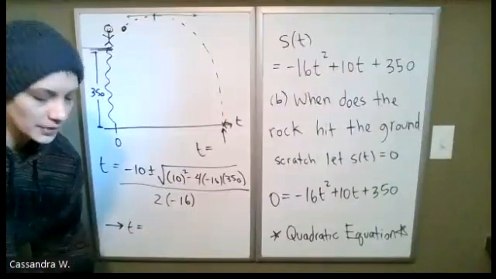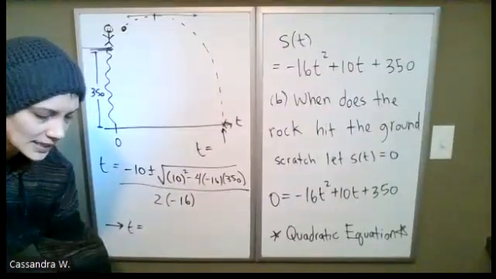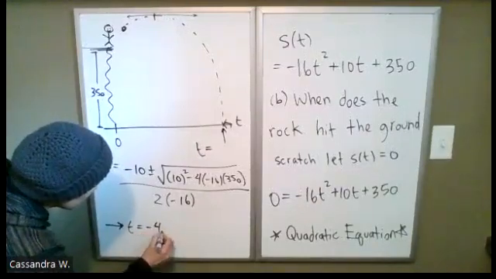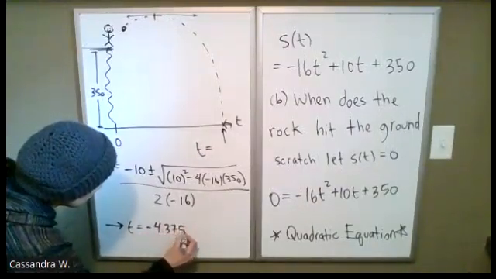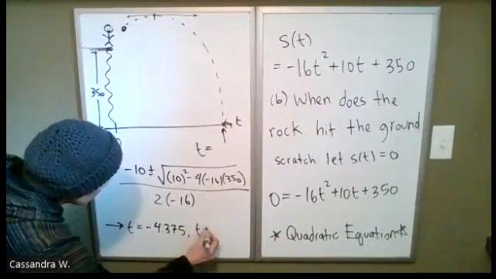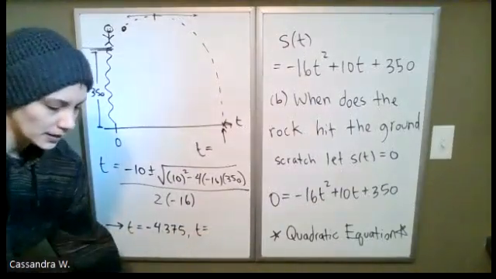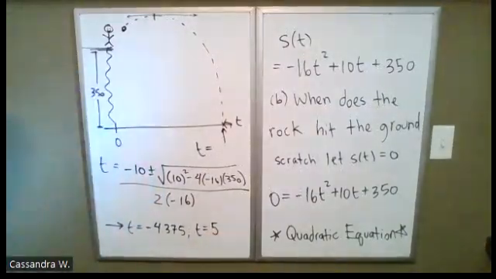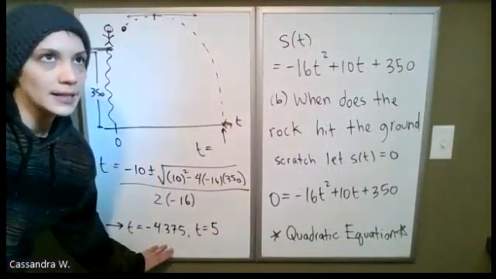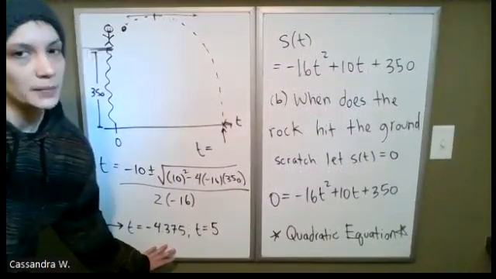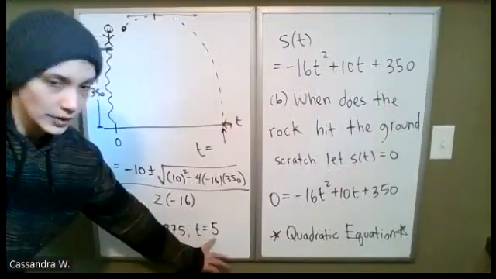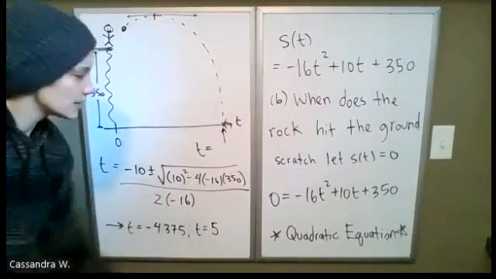Okay. So the first number I got was -4.375. Or t could be 5. We don't use any negative values when we measure time. So we're not going to use this -4.375, and we're going to have t equal to 5 seconds.